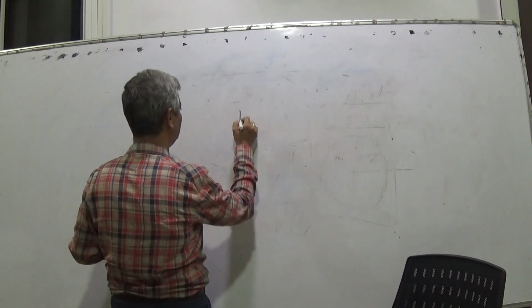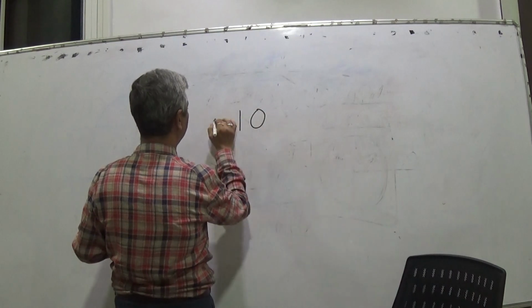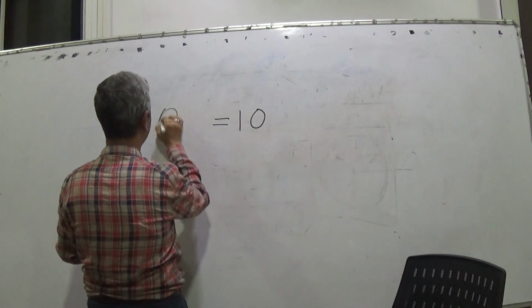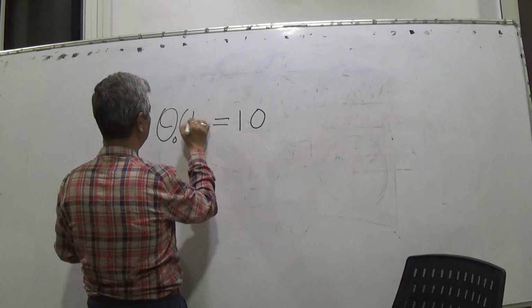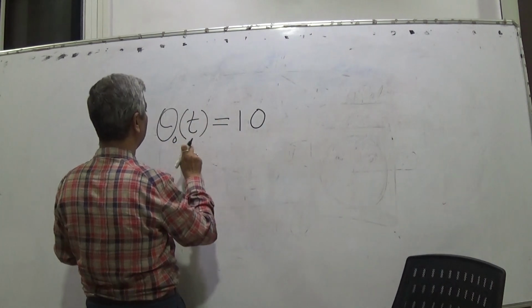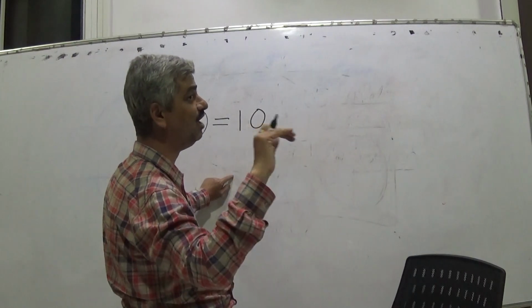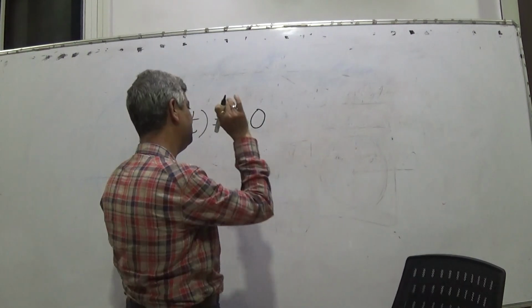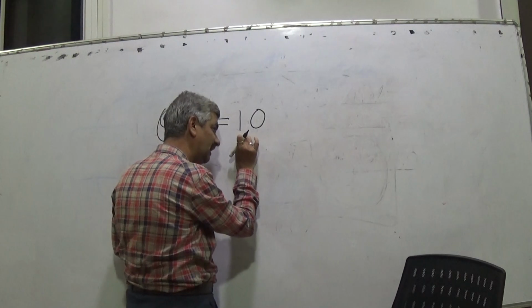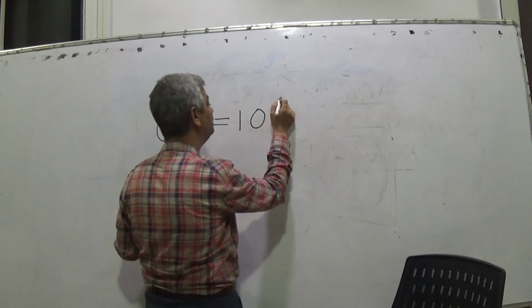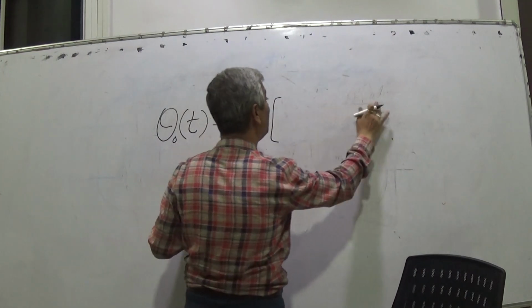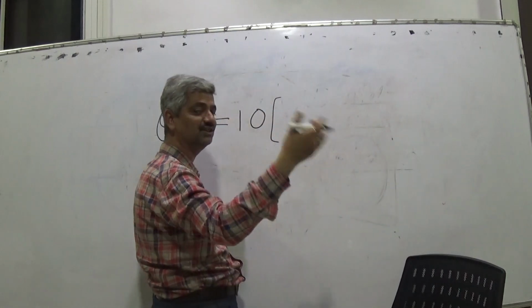So that 10 has to be there somehow, equal to theta O(t). So the output angle is 10 times the input voltage, but not the instantaneous voltage. 10 times is also correct, and into some kind of cumulation.